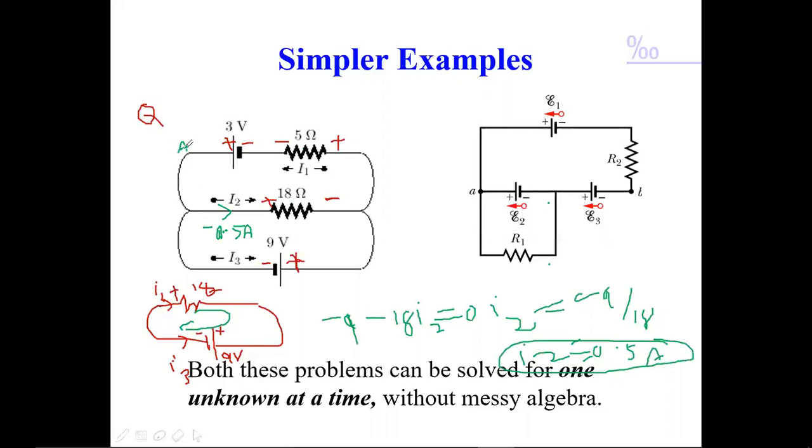Let me label the points A, B, C, D, E, F. This is the F, C, D, E, F branch, and this is A. For finding this I1, you can use the A, B, C, F, A loop, or you can use the A, B, D, E, A loop also.